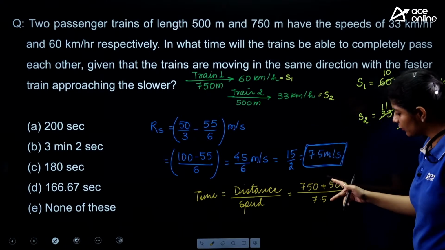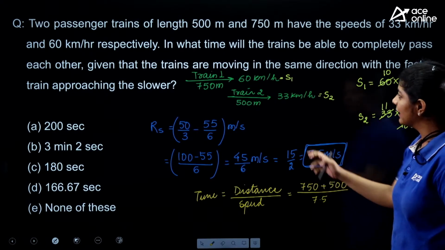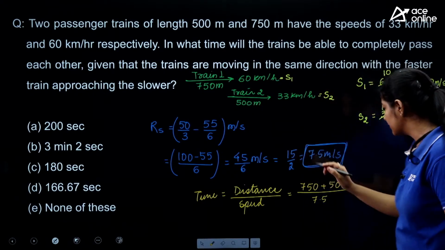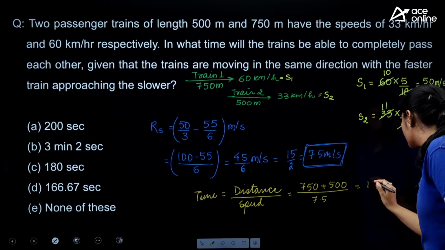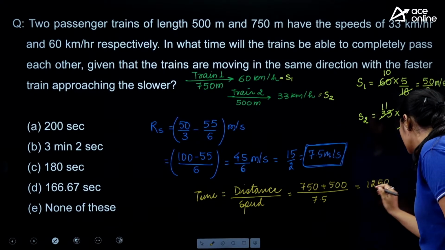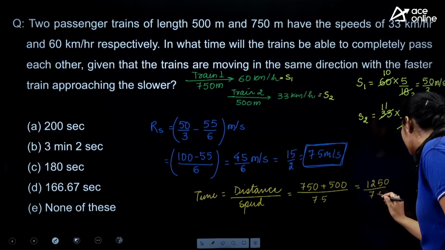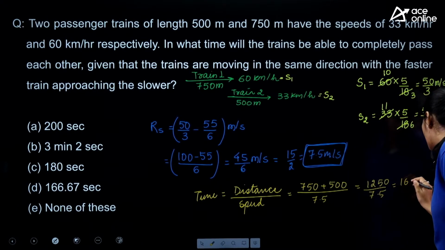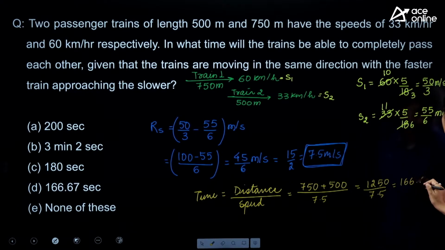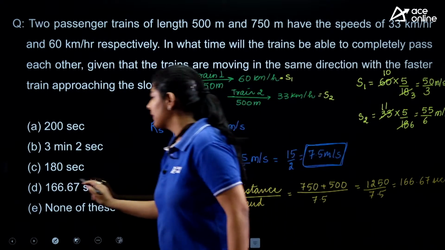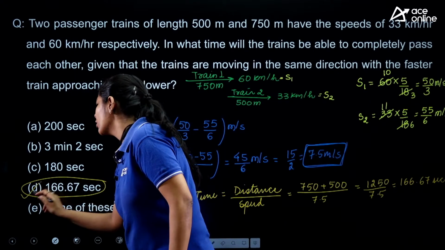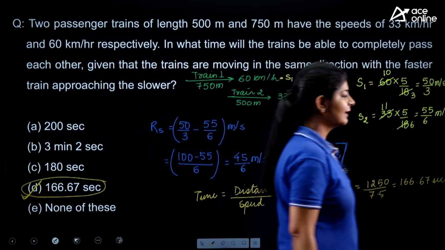Right? Now the units are same, meter per second, and here we are having the distance in meters. So this is nothing but 1250 divided by 7.5, and here we are getting 166.67 seconds. Option number D is the correct one.